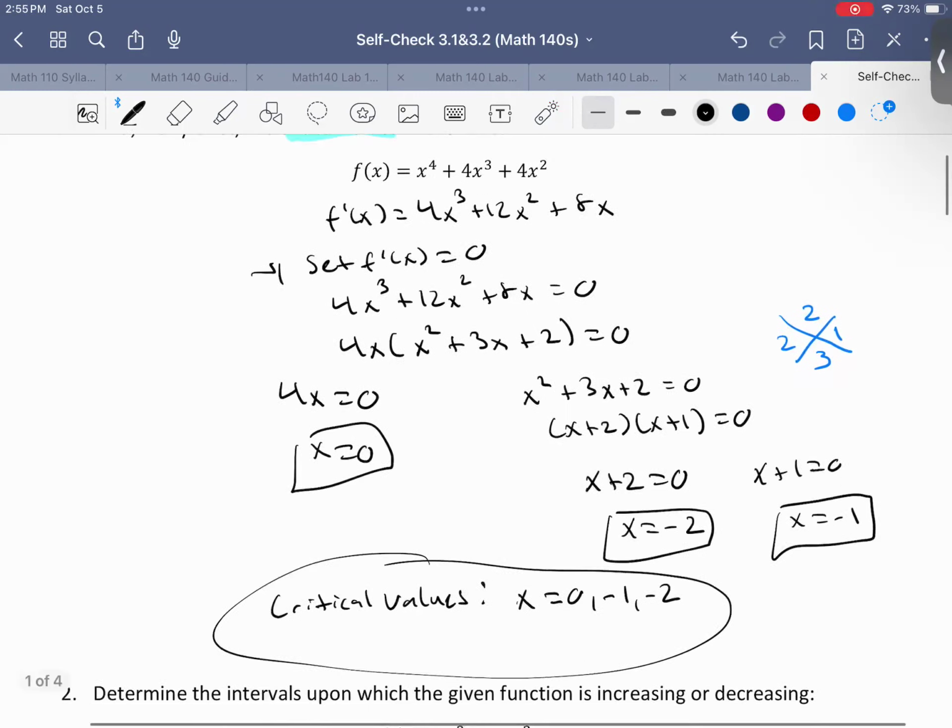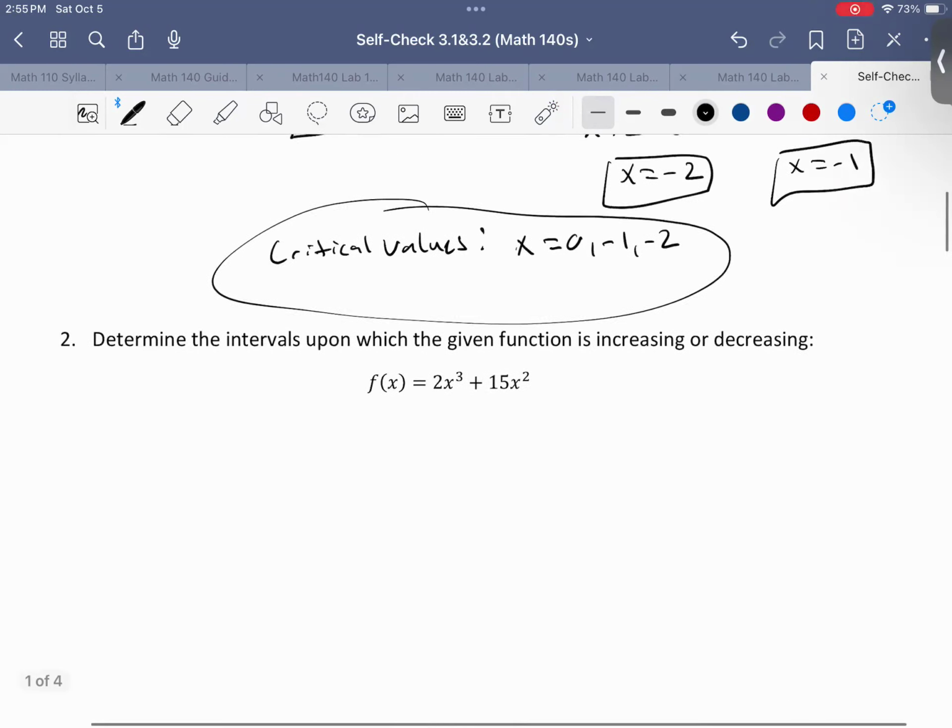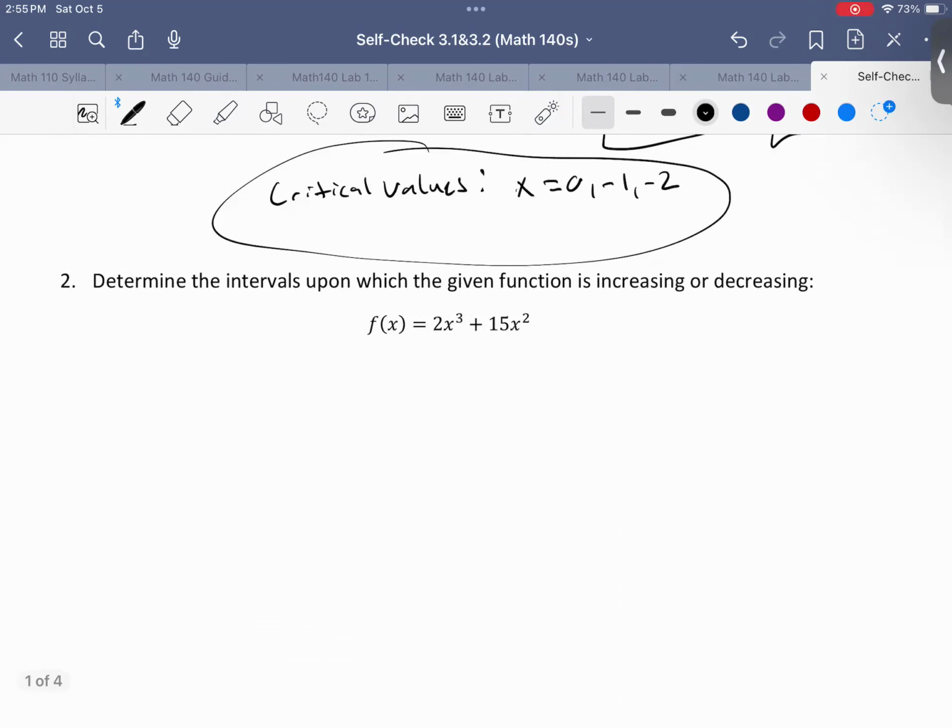Okay, great. Now let's go ahead and branch off of this. Determine the intervals on which the function is increasing or decreasing. This is where I'm going to need my critical values again, but I'm also going to need to know whether we are increasing or decreasing around that to determine the max or min.